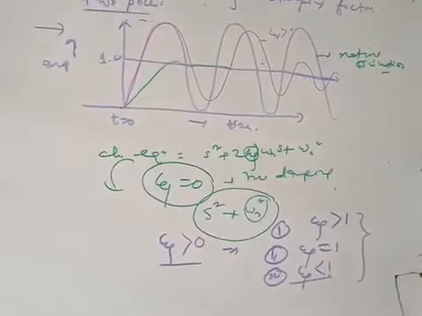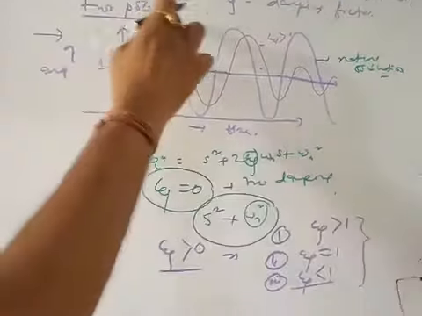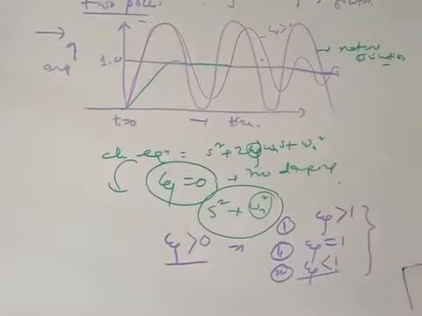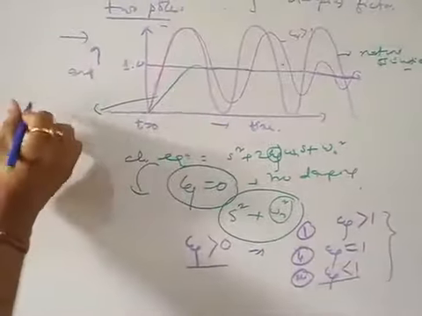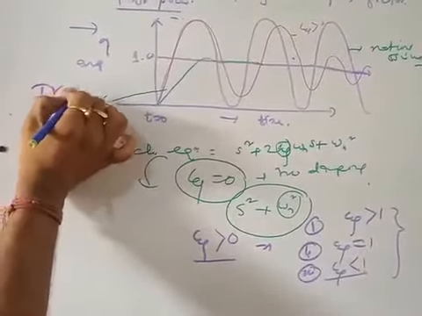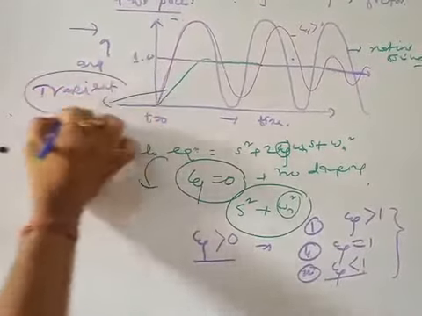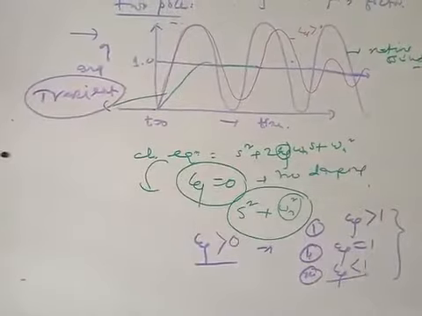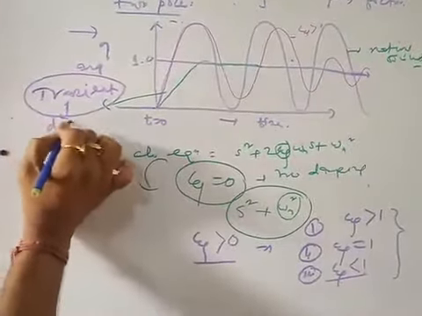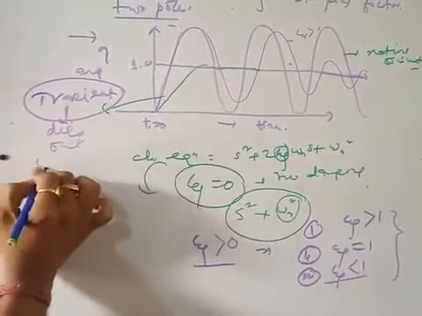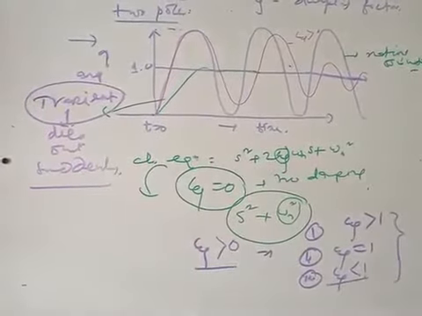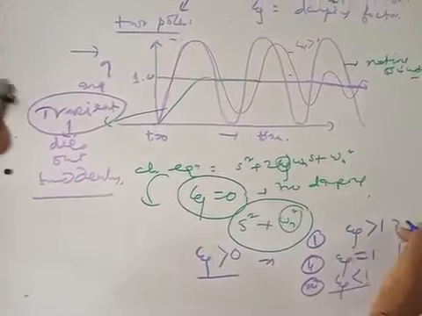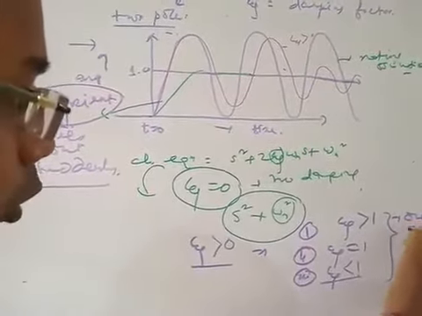So actually what happens, suddenly your oscillation, that means your transient part, this is known as the transient part, already we have discussed. Transient section means what? Means there are certain oscillations, and the transient part dies out suddenly if the value of xi is greater than 1. So that is known as over damping.